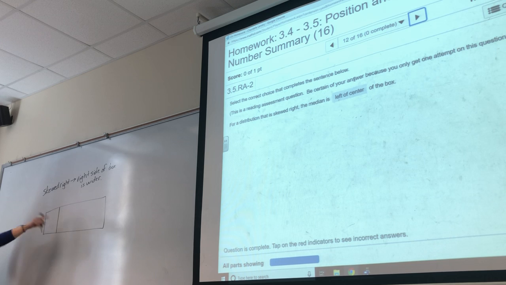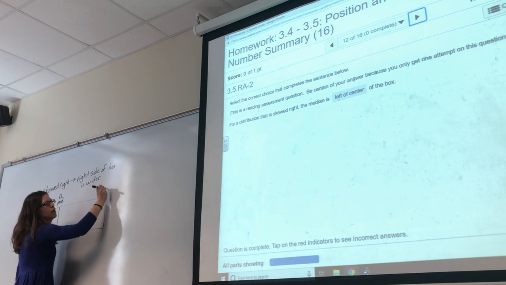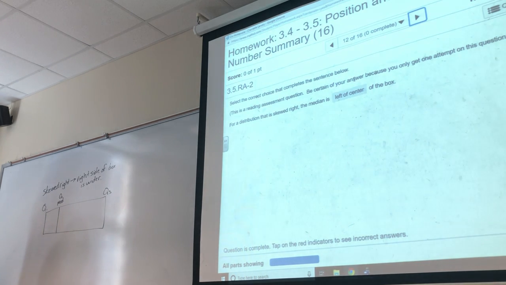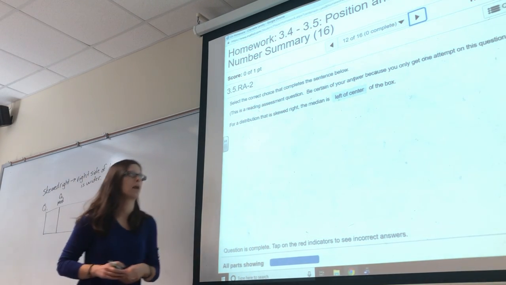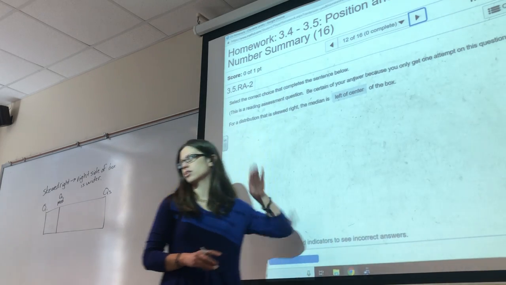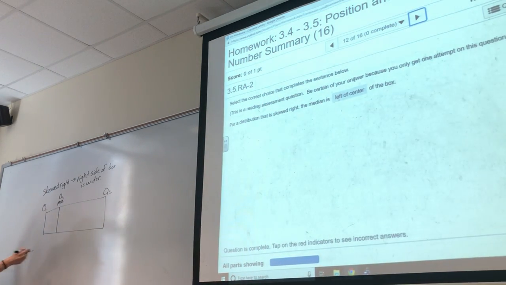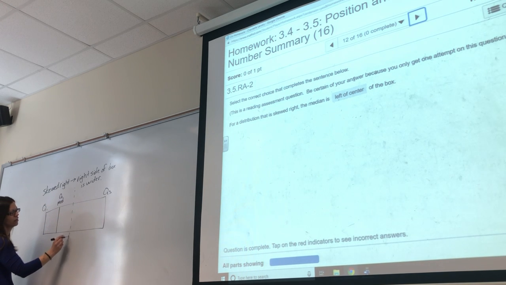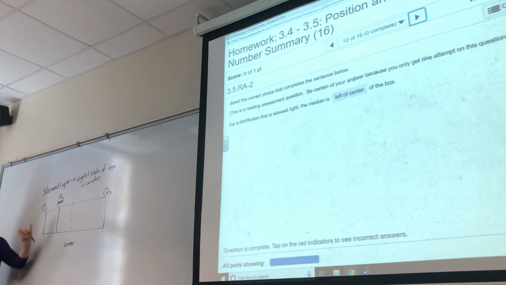And so if you remember what these numbers represent for your box, this is your Q1, this is your median, or Q2, depending on what they're asking you, and then there's Q3. So if you look at where your median is, it says the median is, and your options will be left of the center, right in the center, or right of the center. So if you look at your center right here, your median is actually going to be on the left side of the box.